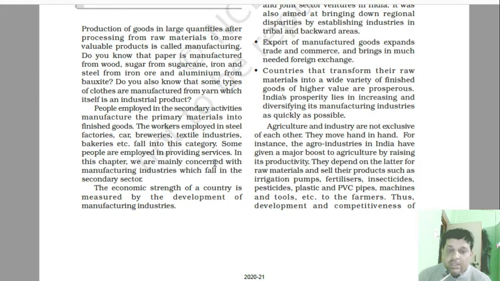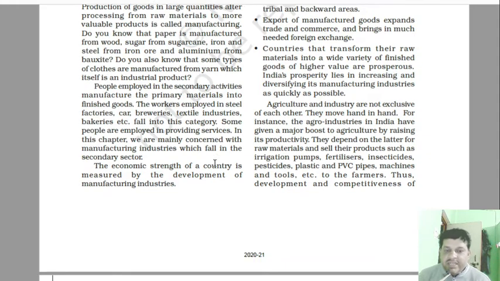They depend on agriculture for raw materials and sell their products such as irrigation pumps, fertilizers, insecticides, pesticides, and plastic and PVC. So the agricultural sector in India became developed because many modern machines and inputs come from the manufacturing industry, like irrigation pumps, fertilizers, insecticides, pesticides.